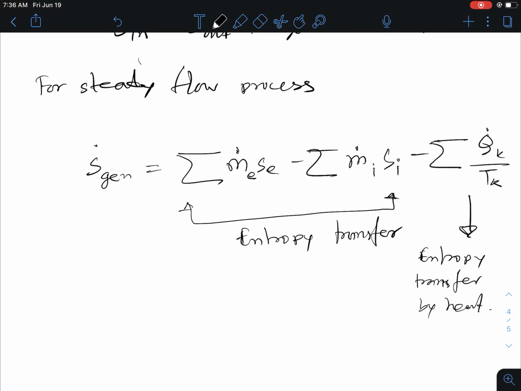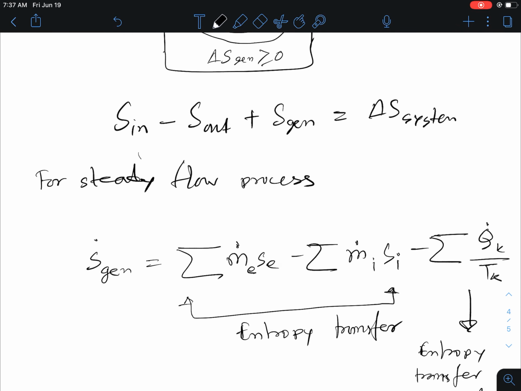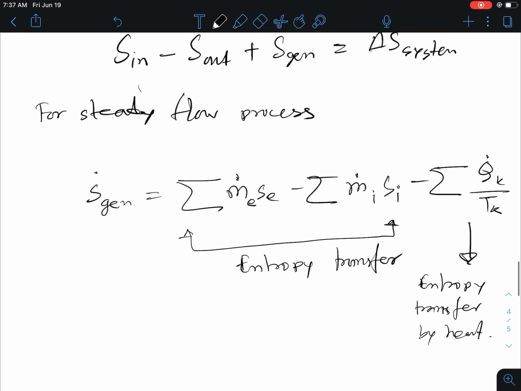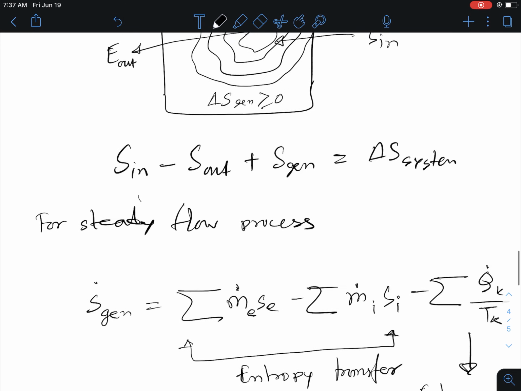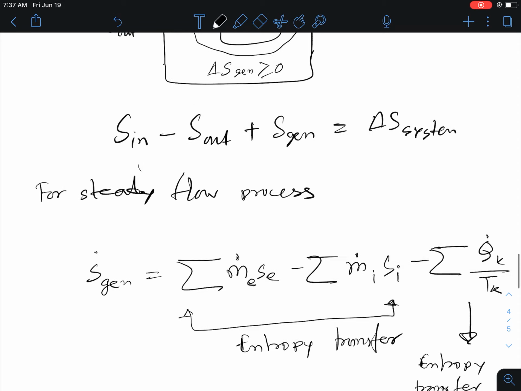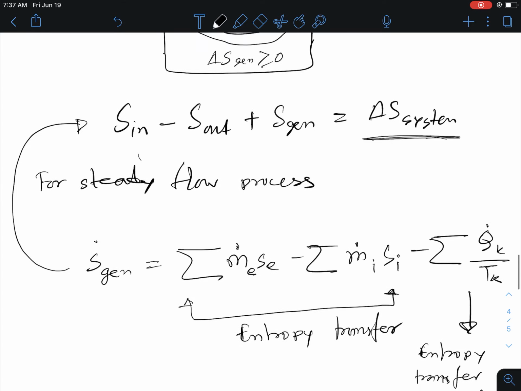So that's the expression so far for the entropy balance. If you have an incoming flow and an outgoing flow that carry a certain amount of entropy, and the system also has some heat transfer happening, then the entropy generation will be this, and for the total change of entropy of that system, we use this formula. That way we can calculate the entropy change of that system.